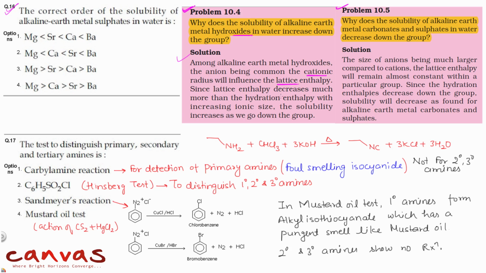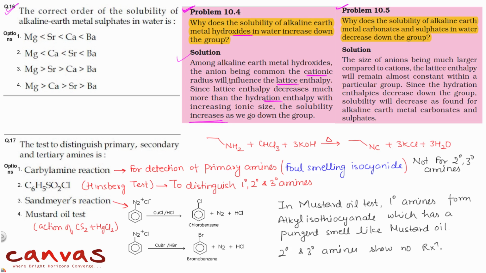As you move down, the lattice enthalpy decreases, and the hydration enthalpy also decreases. But which property decreases more will decide the net delta H of solvation. In the case of hydroxides, the lattice enthalpy decreases more than the decrease in hydration enthalpy, and the solubility increases.